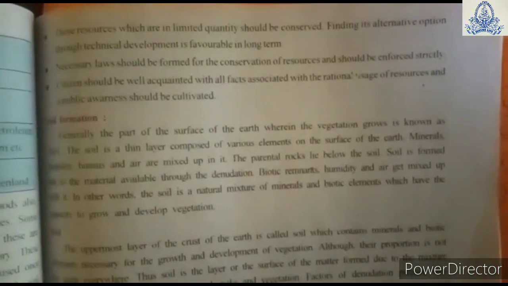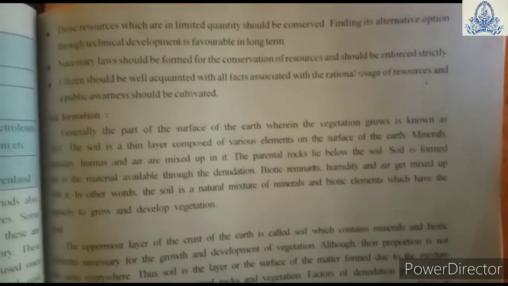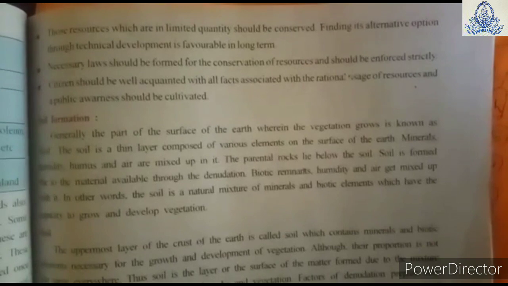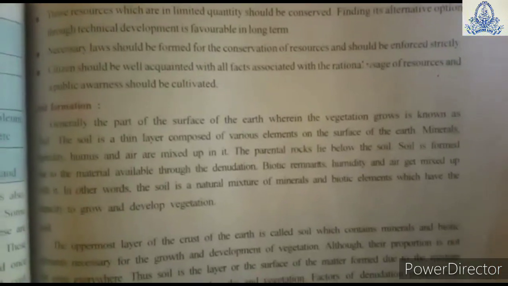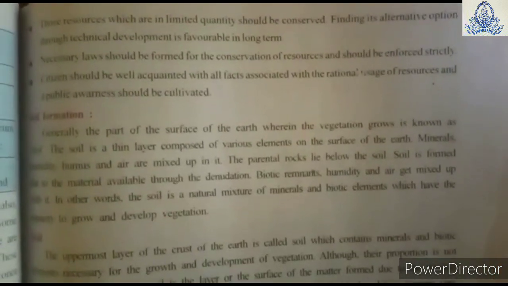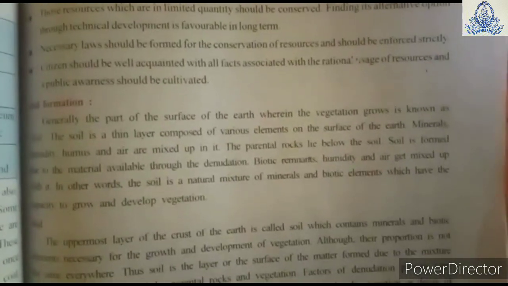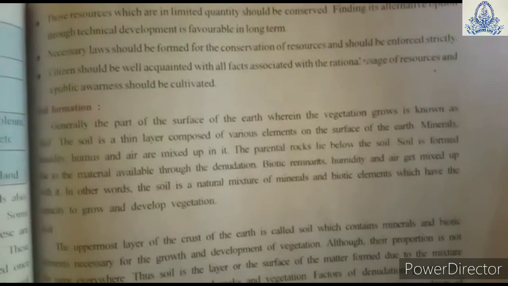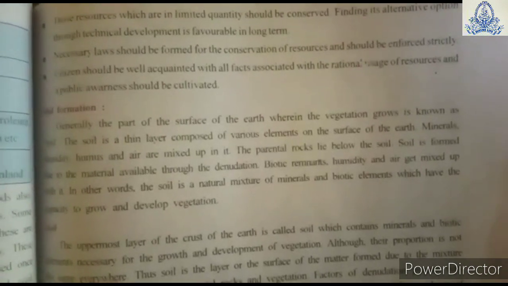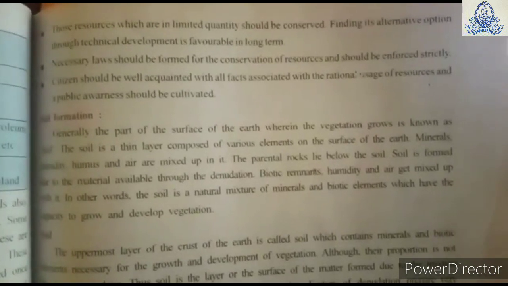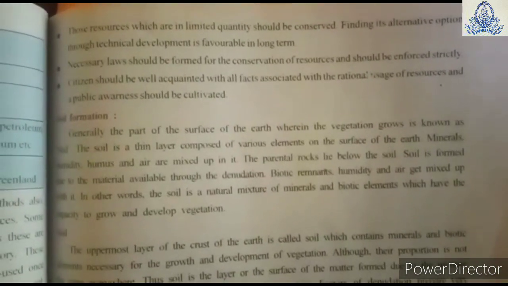Now the last one: citizens should be well informed of all the facts associated with the rational use of resources, and public awareness should be cultivated. Public awareness is very necessary, because when the public is aware of the importance of the resources, they are going to conserve these resources. So public awareness is very important.